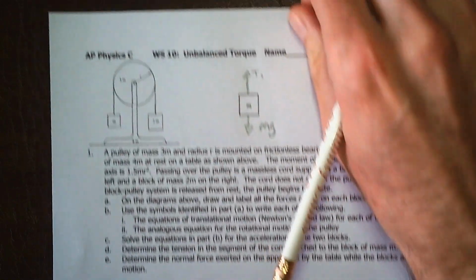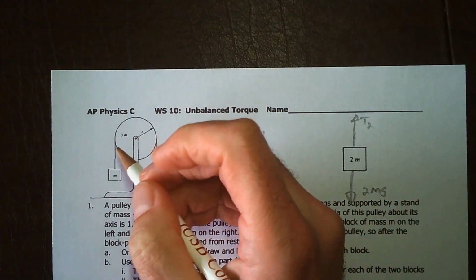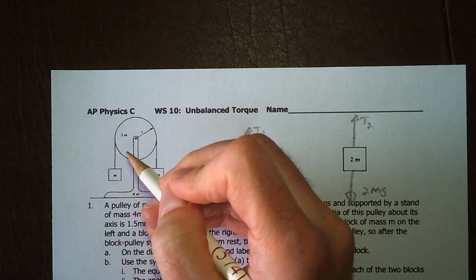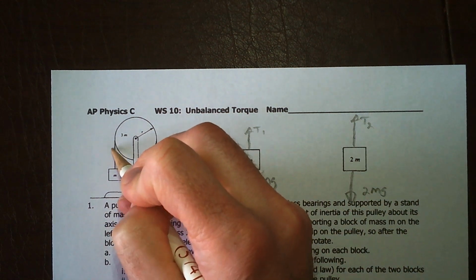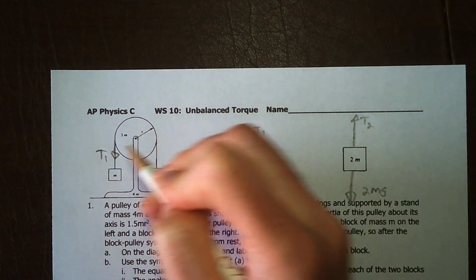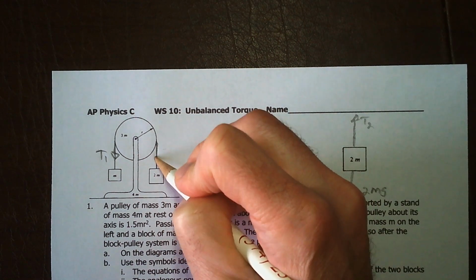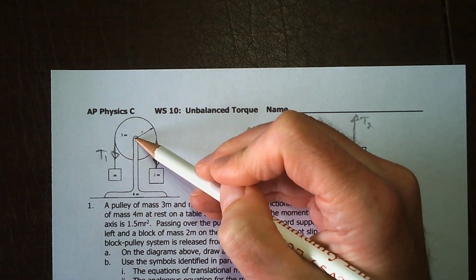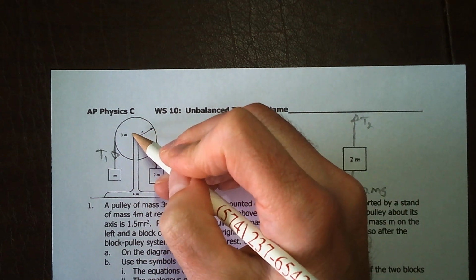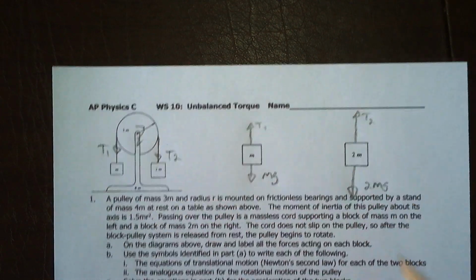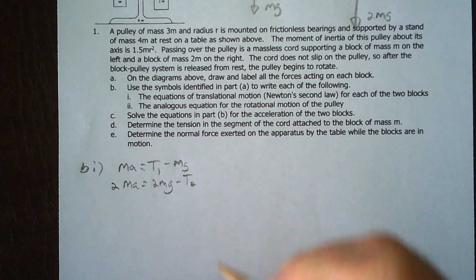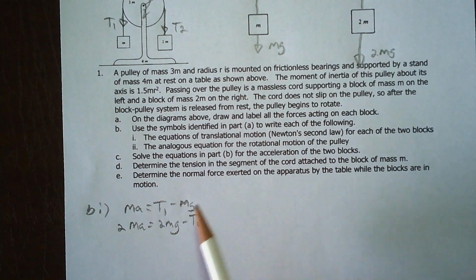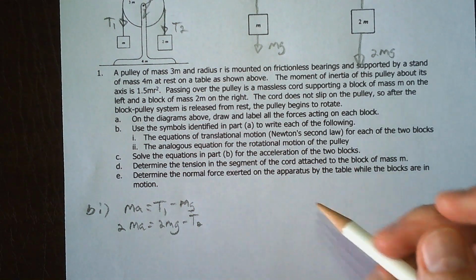And we could draw a force diagram for this object here. It would be a tension 1 down and a tension 2 down. There would also be a force upward here, but it's through the pivot point, so we can kind of ignore that to write this other equation for rotational motion.